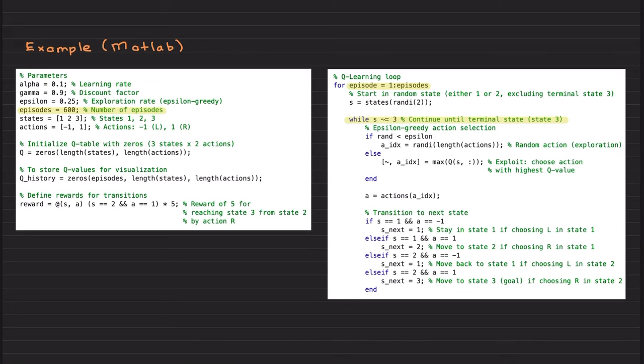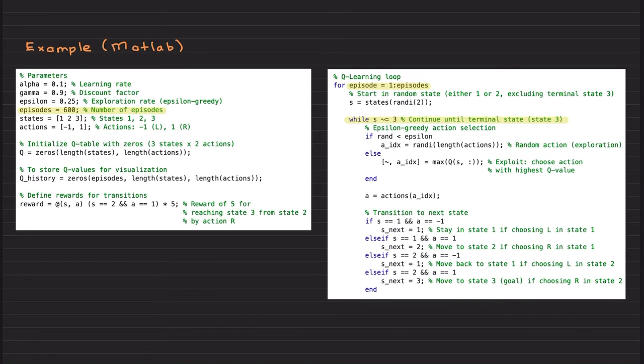Then the for loop starts. Basically, I am going to run from episode 1 to episode 600. So this is the reinforcement learning, Q learning algorithm. I start from a random state, excluding the terminal state, either 1 or 2. This is a very simple code, but you can extend. This is the epsilon-greedy action selection, basically. This rand function of MATLAB gives you a number on the interval 0 to 1. And remember, epsilon was 0.25. So if the random number comes to be 0.1, which is less than that, then I am taking a random action.